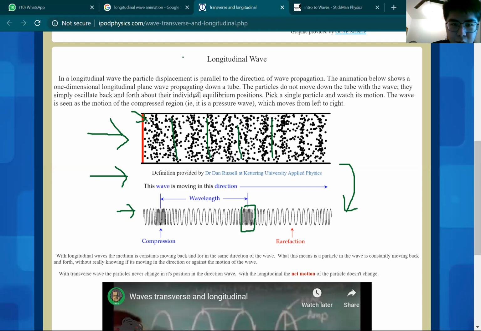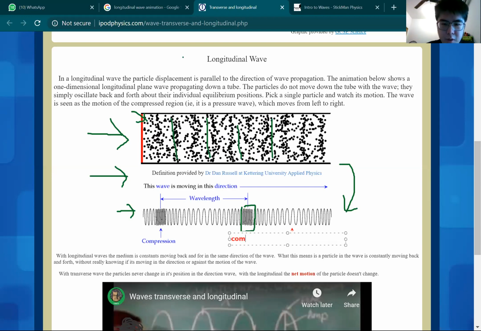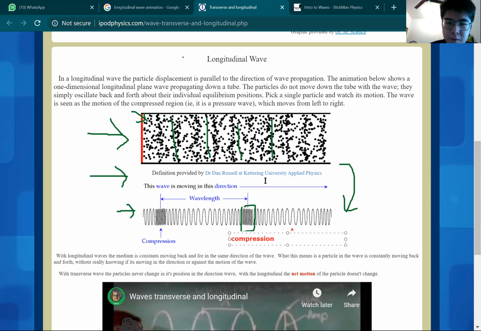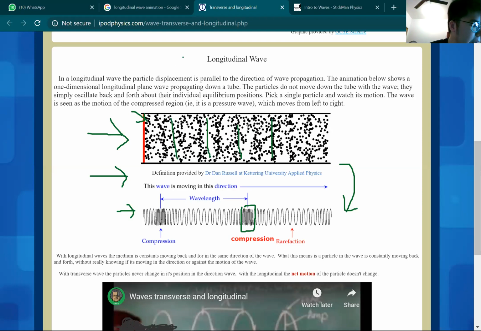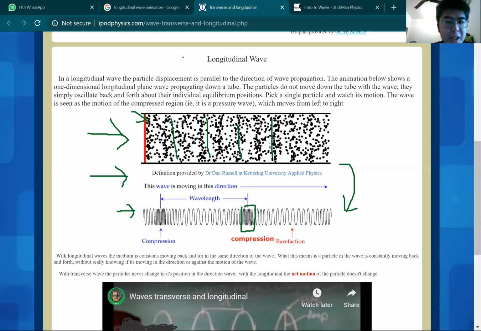You can just draw out the spring. This is compression, and the region where the particles or coils are pulled apart from each other, we call the rarefaction.